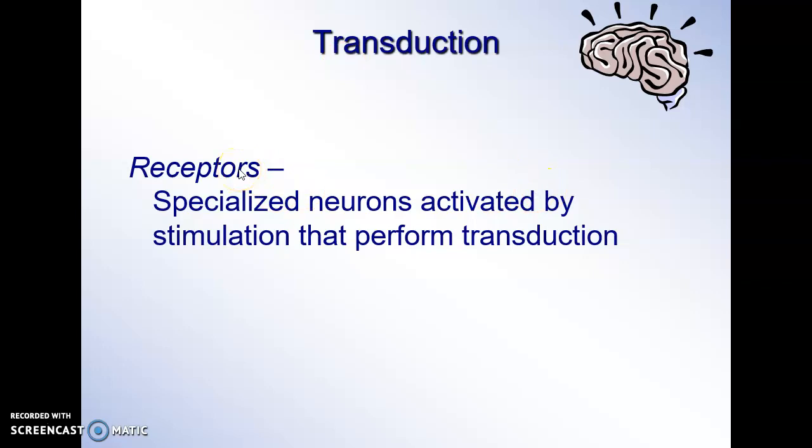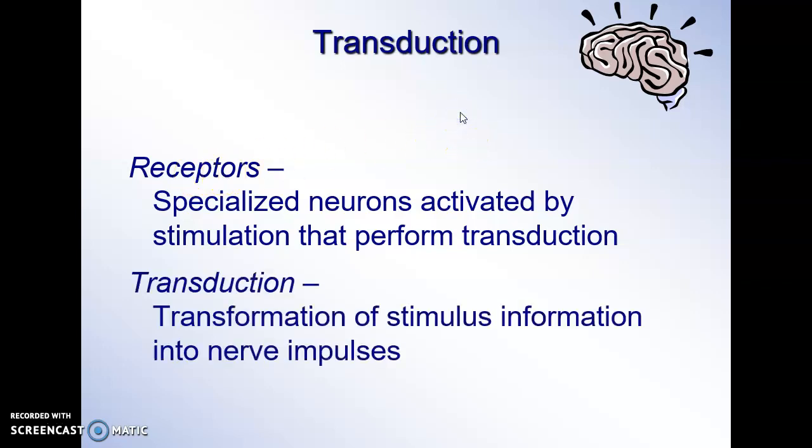For the receptors, there will be olfactory bulbs in our nose that pick up smell. There will be the eardrum, the tympanic membrane, and the cochlea that pick up sound. There will be the retina in the back of our eye that picks up sight. So we're going to talk about those receptors coming up. To make it easy, think of the retina in the back of our eye that gets the light and transduces that information.